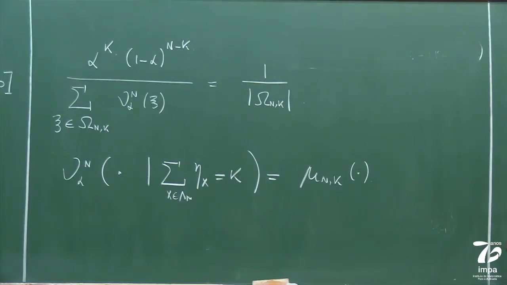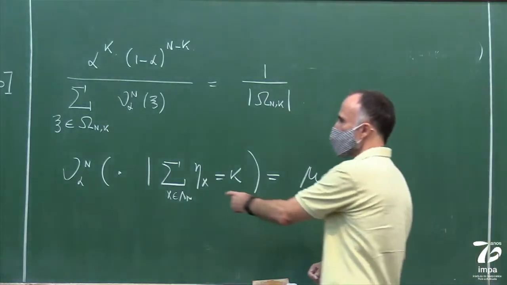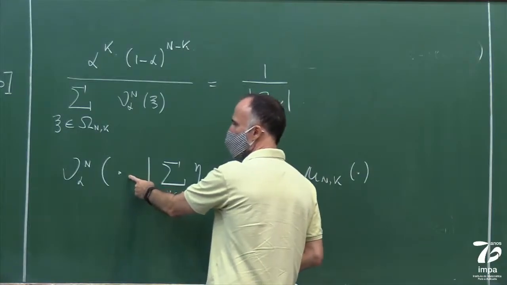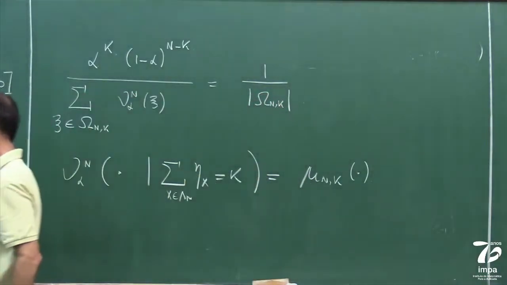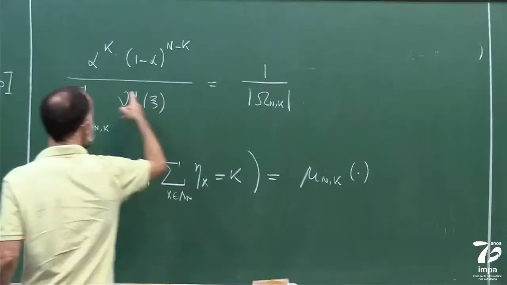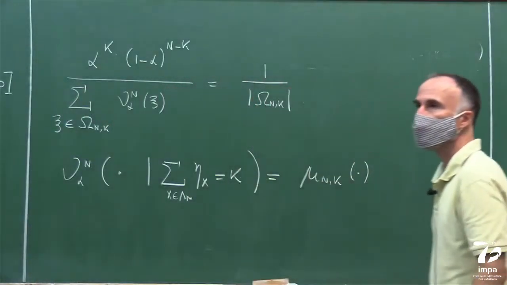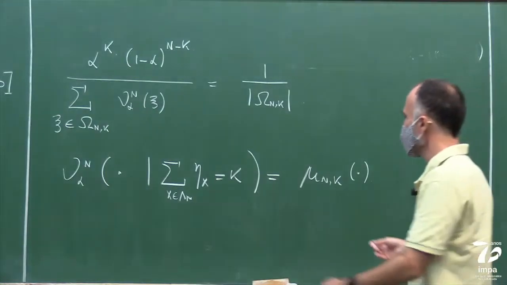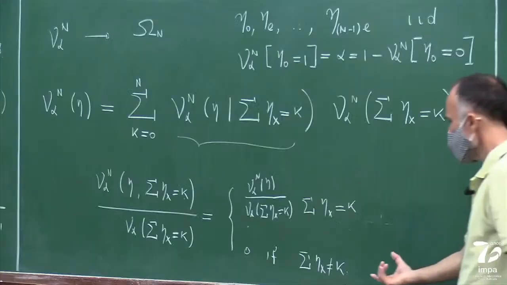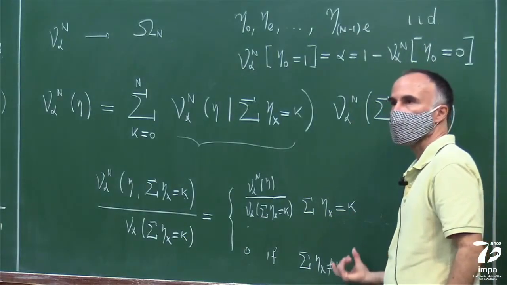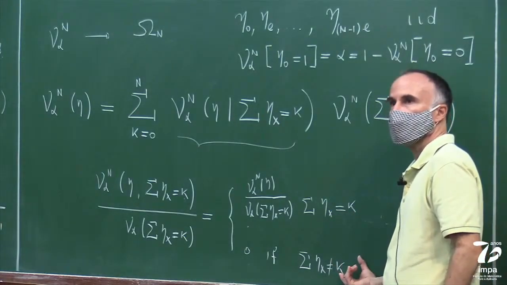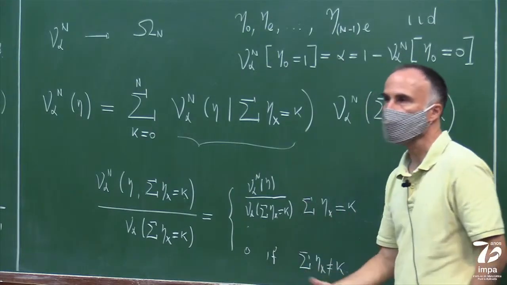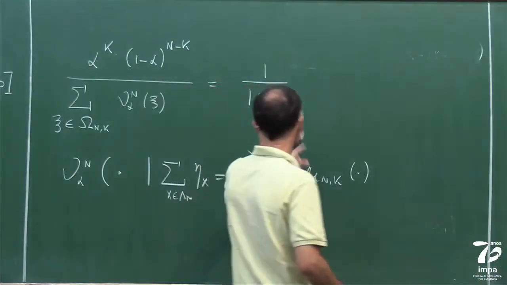All right? This is what we did, and we obtain that this is 1 over the number of such configurations. This measure is concentrated over all configurations with k particles, so it's 0 if you have a different number of particles. But if you have exactly k particles, this is exactly the uniform measure.